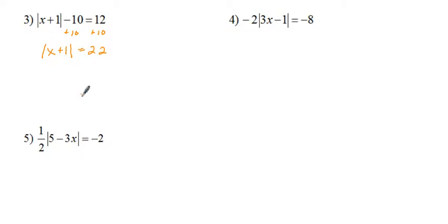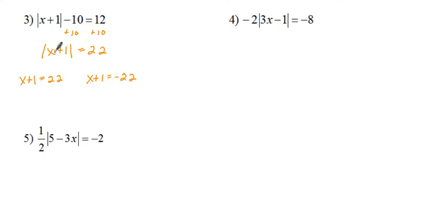Now that the absolute value is isolated, we can set up our two equations. The first one is x plus 1 equals positive 22. The second one is x plus 1 equals negative 22. Please note, we did not break out x plus 1 from the bars of this absolute value jail. We can't break him out until we set up these two equations.